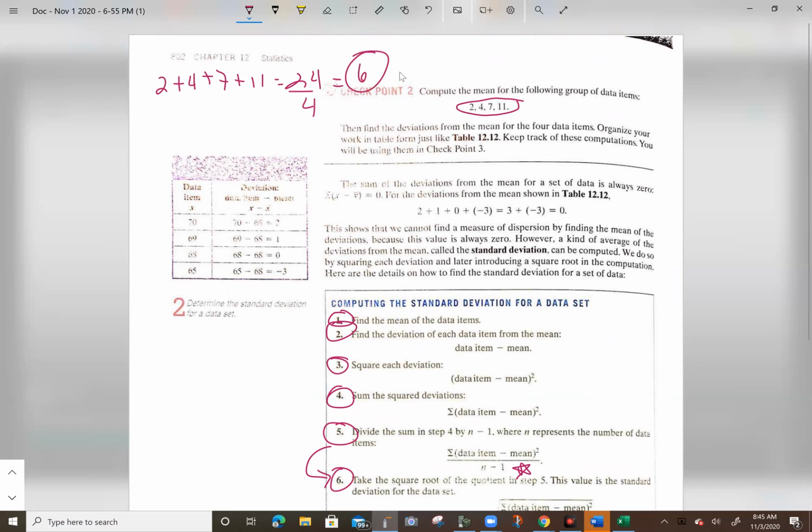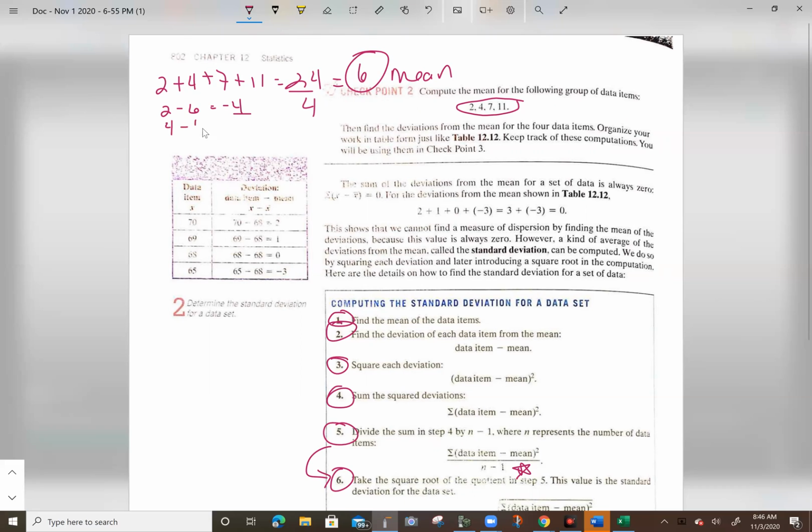So our mean is 6. And then to find the deviation of each number, you would say, okay, the first number is 2. So 2 minus 6 is going to be negative 4. So the deviation is that 2 is smaller than 6 by 4.